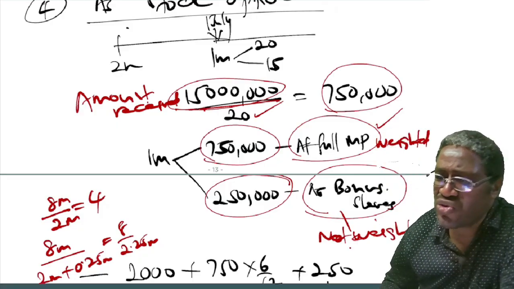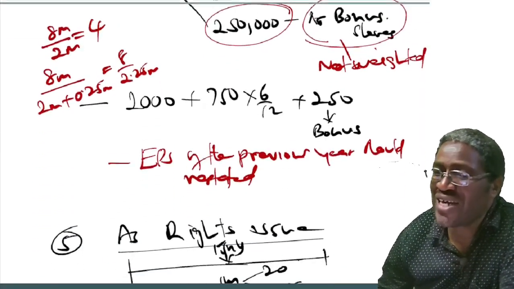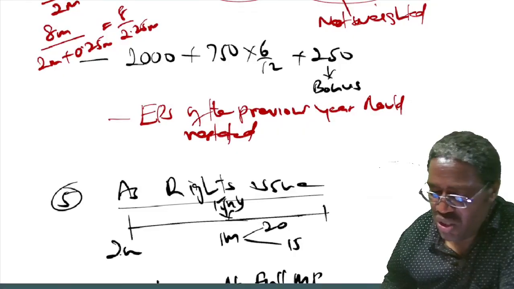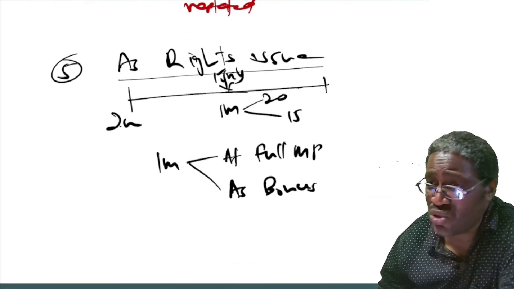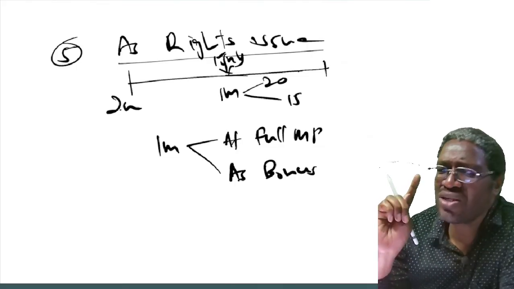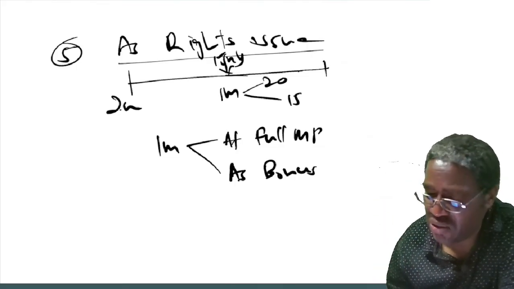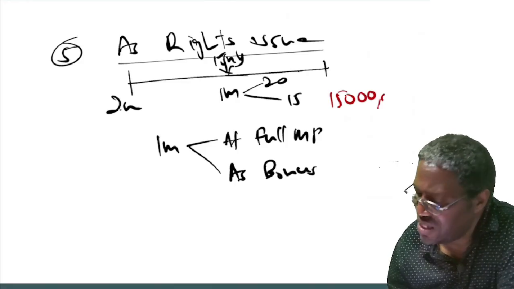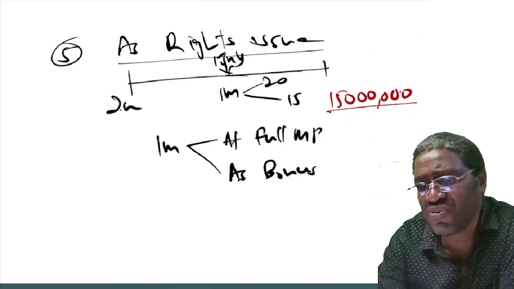But with shares issued as a result of a rights issue, as much as it's true we also received 15 million, you don't do that.